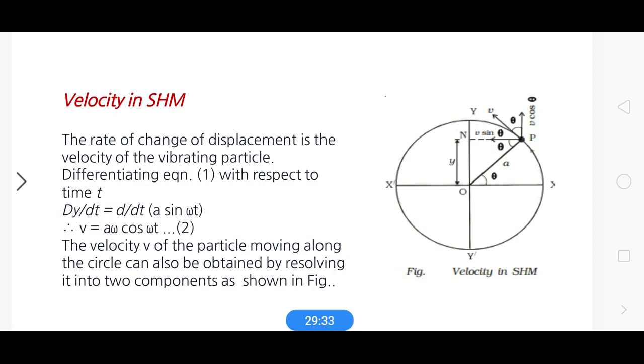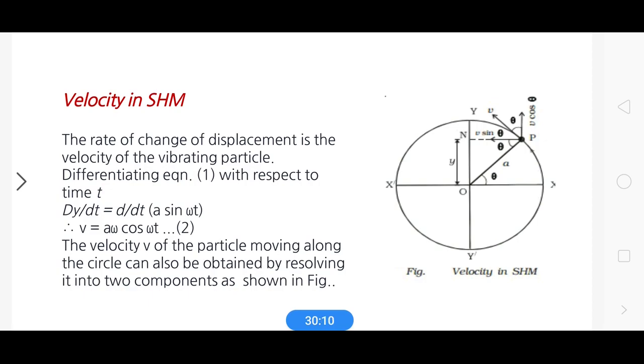Differentiating a sin omega t, we got a omega cos omega t. This is the simplest way to find the velocity of the particle in SHM: I am only differentiating the displacement equation with respect to time. So we got v is equal to a omega cos omega t.